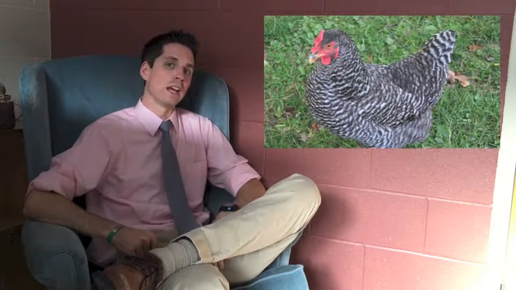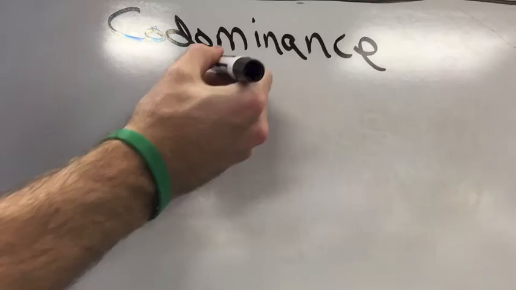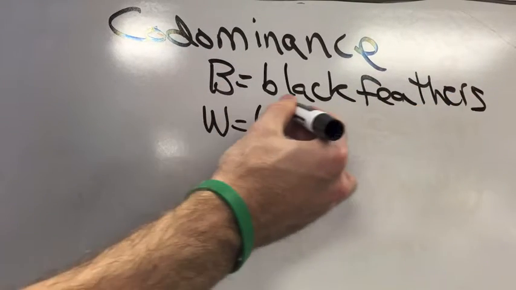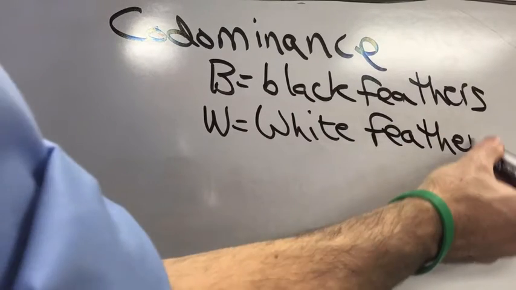white feathered phenotype. So instead of seeing gray feathers, which would happen if it was incomplete dominance, here we see both black and white speckles in the feathers because both traits are being expressed together. If we use a Punnett square to examine this example of codominance, capital B represents black feathers, capital W represents white feathers.